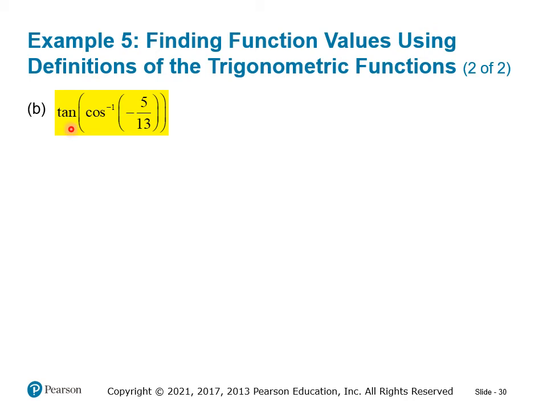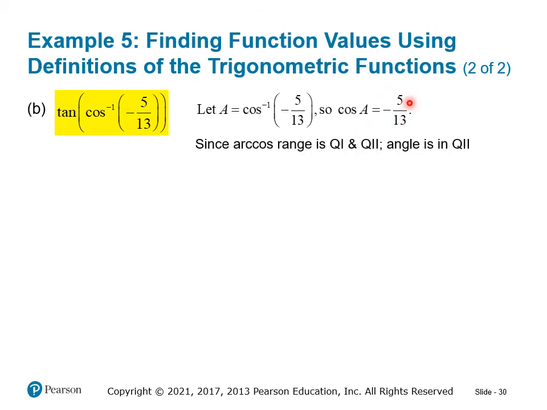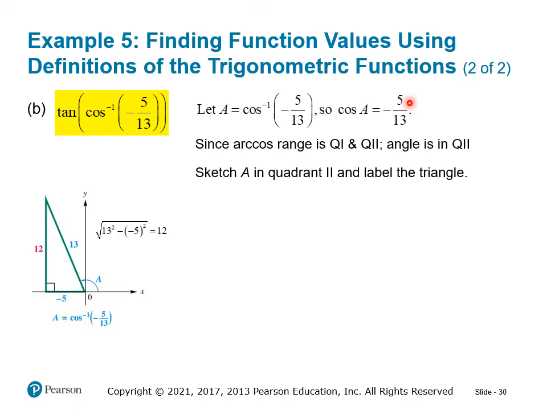So again, we're going to set theta equals inverse cosine of negative 5/13. So the cosine of theta equals negative 5/13. Since it's negative and the inverse cosine range is quadrant 1 and quadrant 2, we're in quadrant 2. So let's build our triangle in quadrant 2. Cosine is adjacent over hypotenuse, and we're talking about this little angle inside because it's a reference angle.